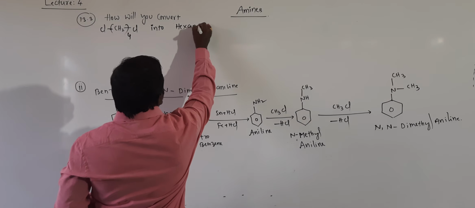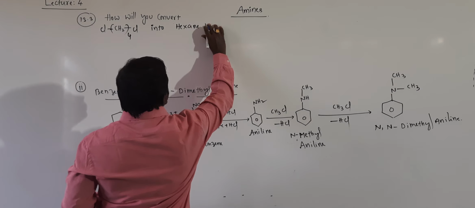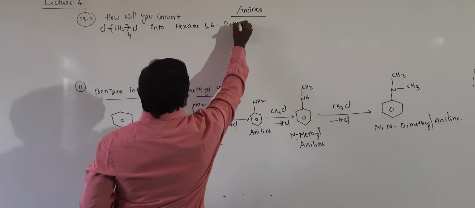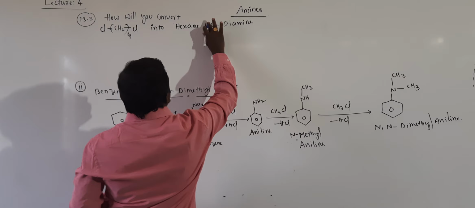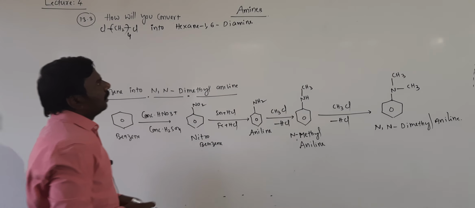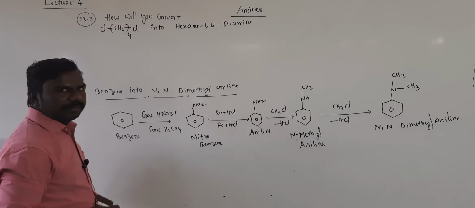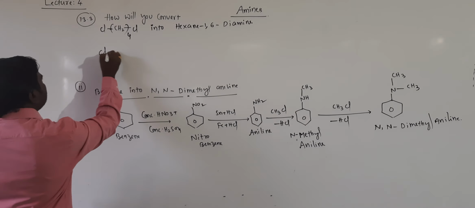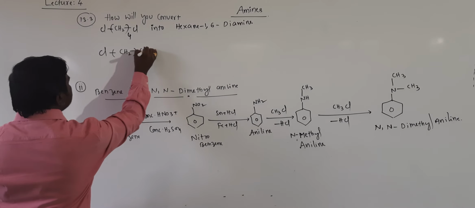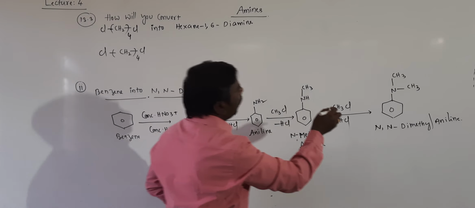Hexane 1,6 diamine. So this is what is required. The first reactant is Cl CH2 4 times Cl, and the product is hexane 1,6 diamine.